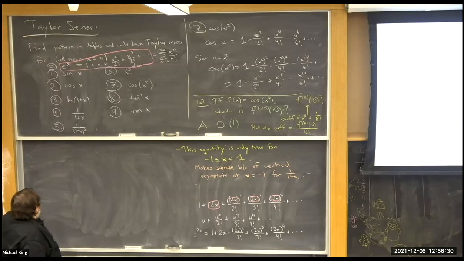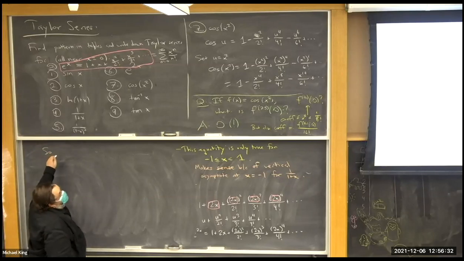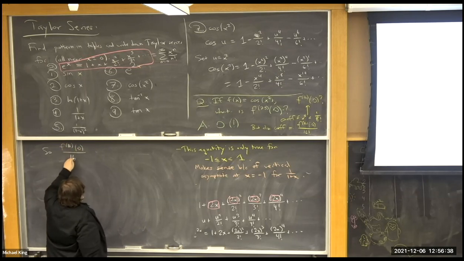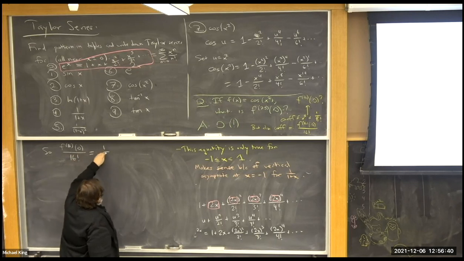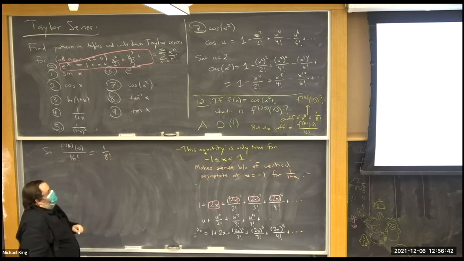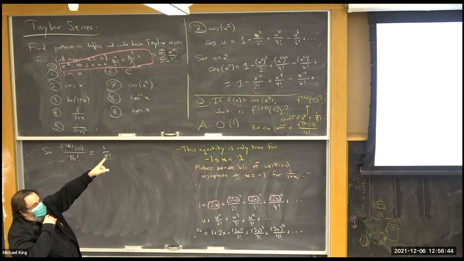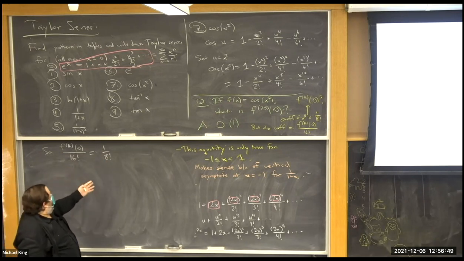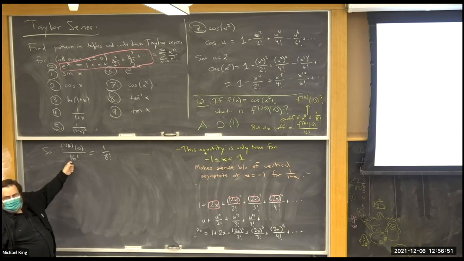So just to finish off this thought, this is the 16th. We can read the coefficient from knowing the Taylor series, but we can also tell that this should be the coefficient of x to the 16th by definition, by construction.